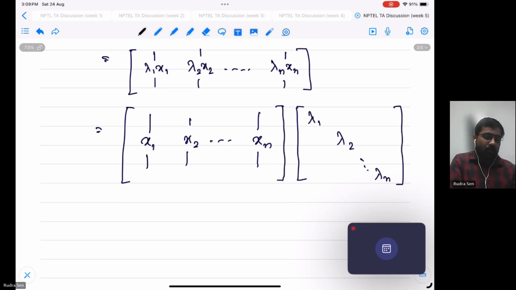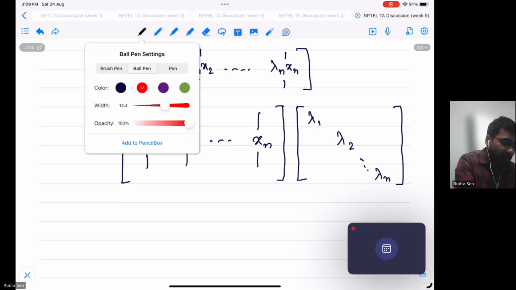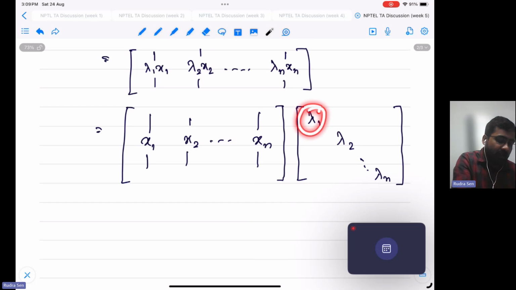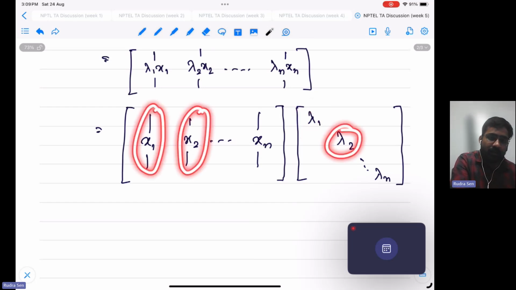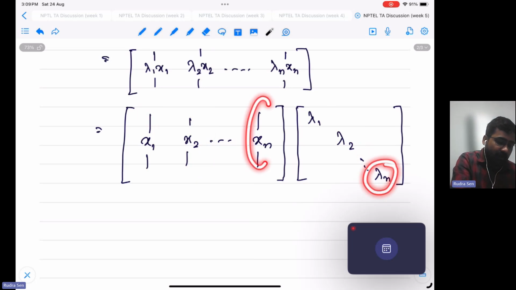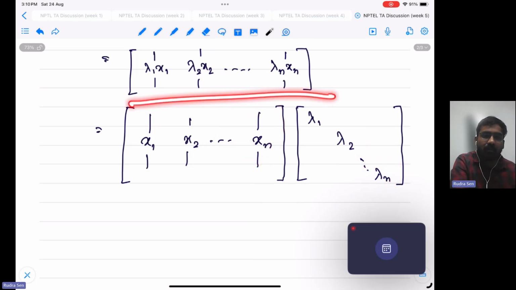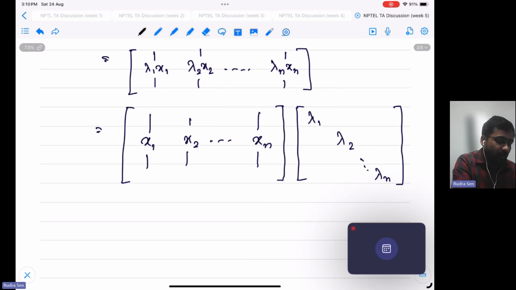So lambda1 multiplies x1, lambda2 multiplies x2, and lambda n multiplies xn, right?